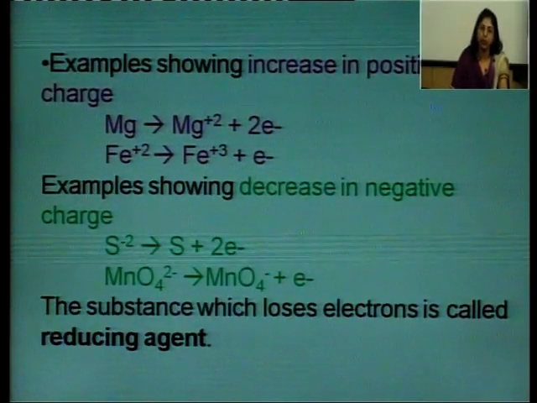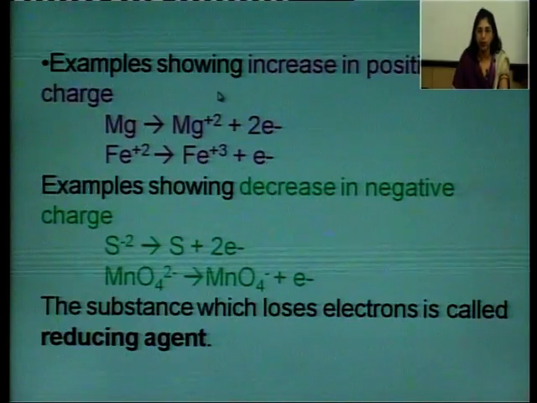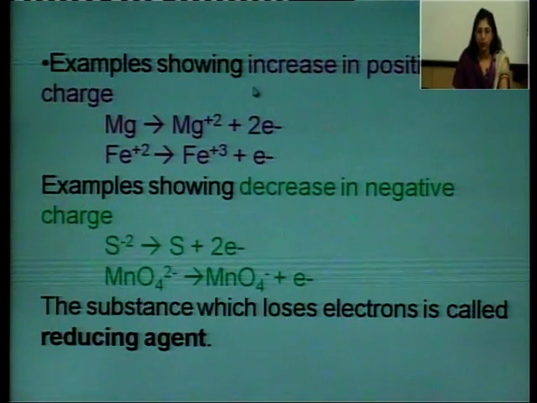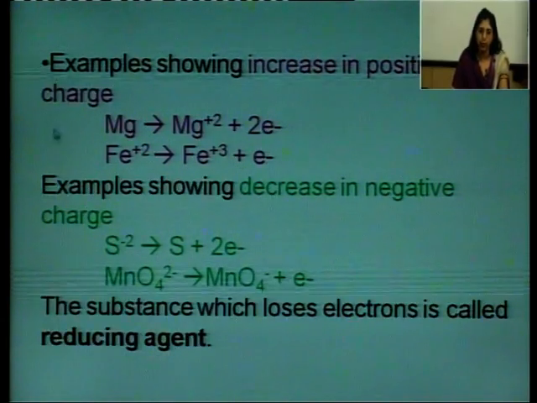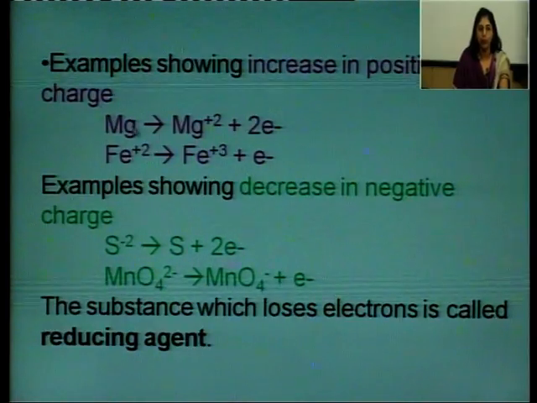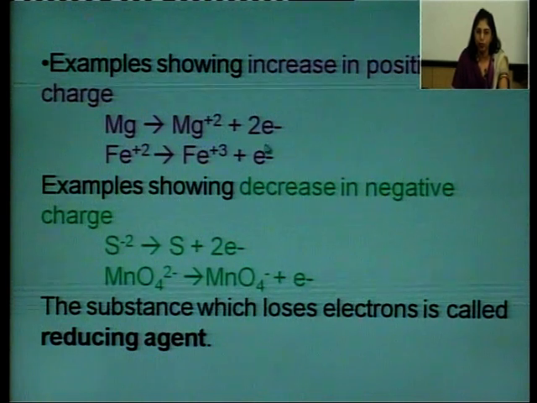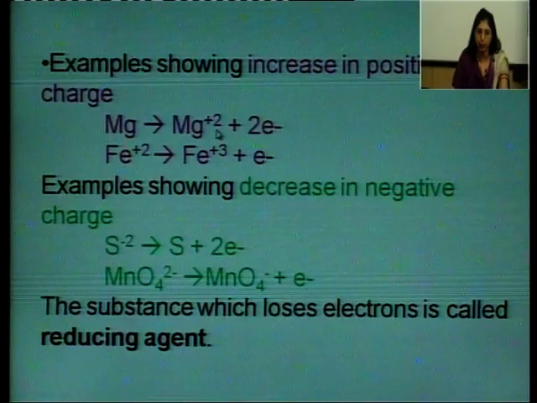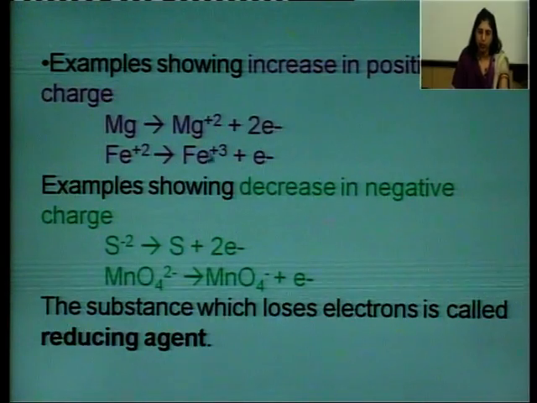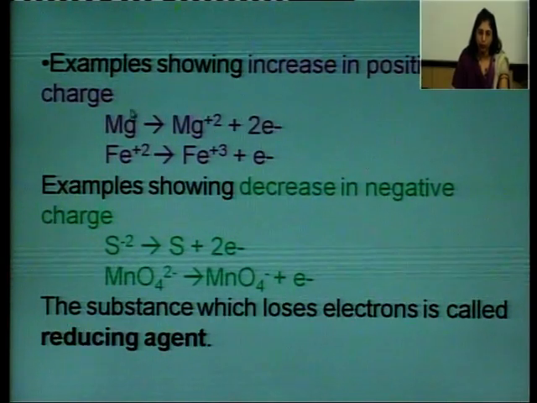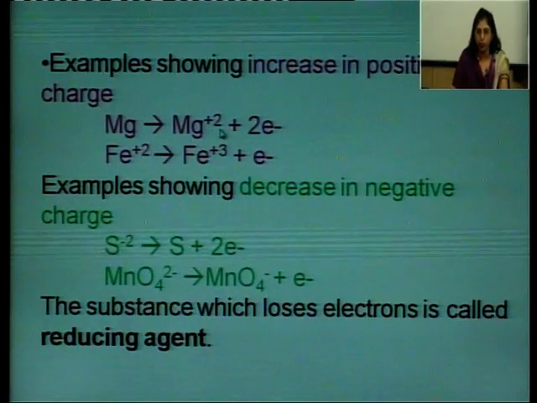This point can be explained by taking some examples. First, examples showing increase in positive charge. In the first reaction, magnesium loses 2 electrons and acquires +2 charge. That means, charge has been increased from 0 to +2.